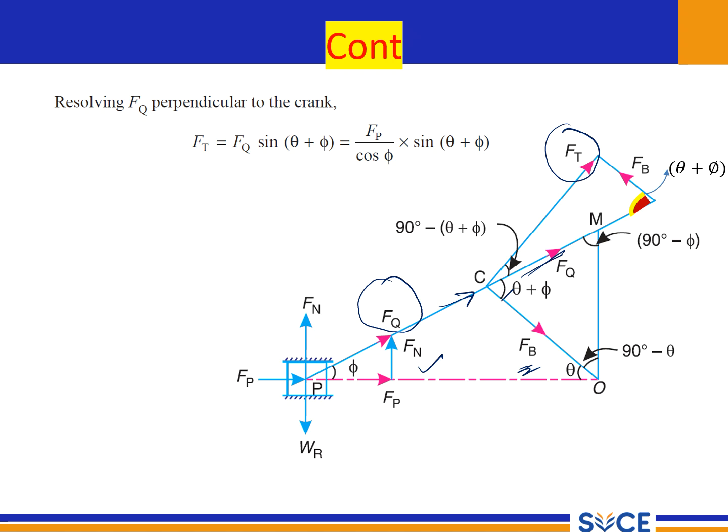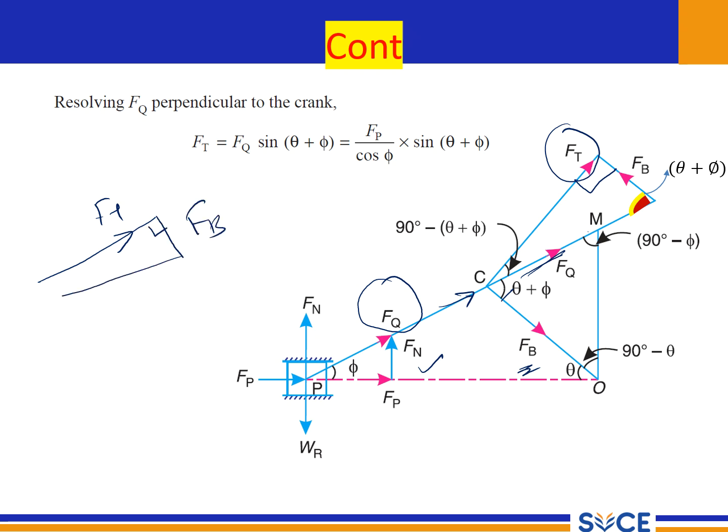Here it is going to be perpendicular. Hypotenuse is nothing but this side. FB is here. So this is FT, the perpendicular line, and this is FB.